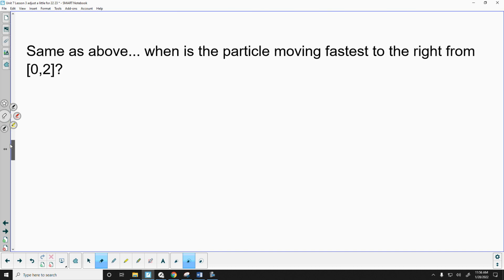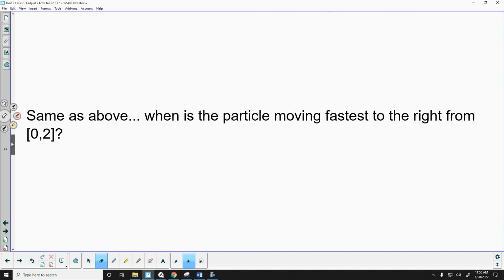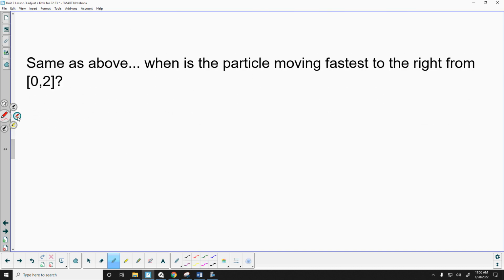Now, where I'm going to mess you up is ask you when I'm moving fastest to the right or fastest to the left. Same as the first question. Now, the first question gave me the position of 2t cubed minus 3t squared.